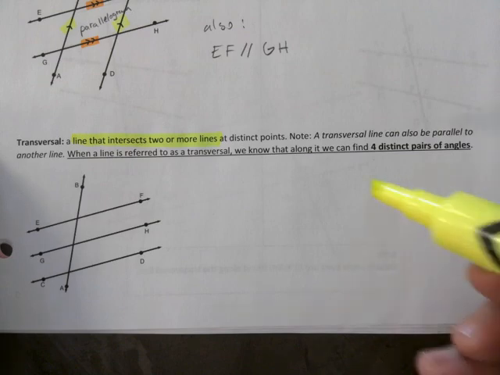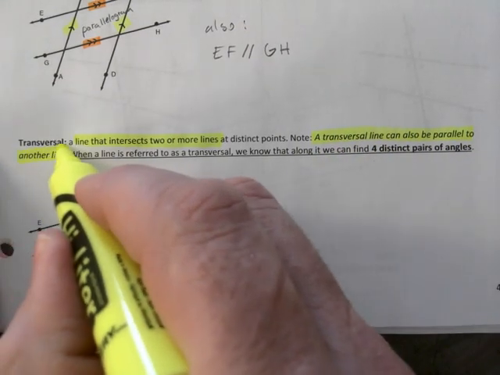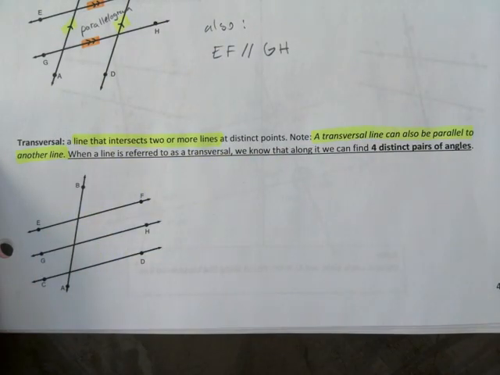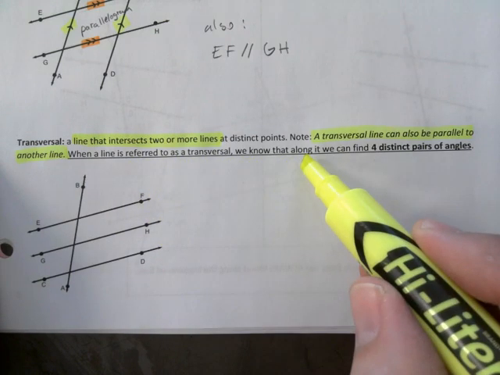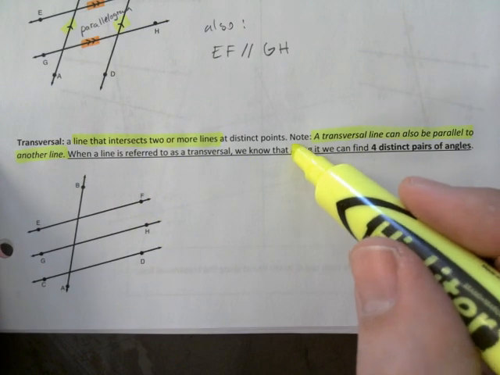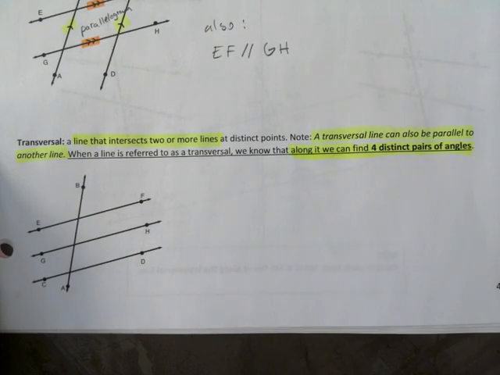But I have to tell you that a transversal can also be parallel to another line. When a line is referred to as a transversal, we know that along it, we have four distinct pairs of angles.